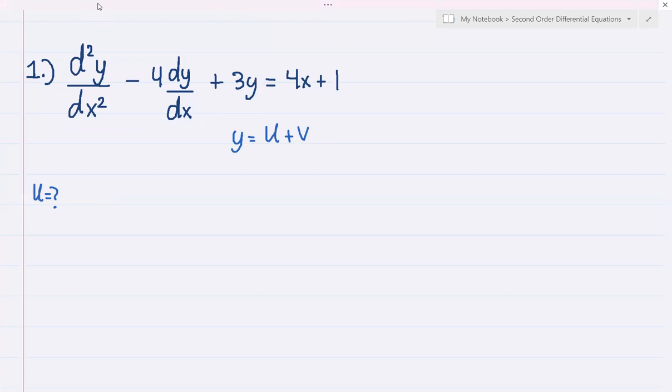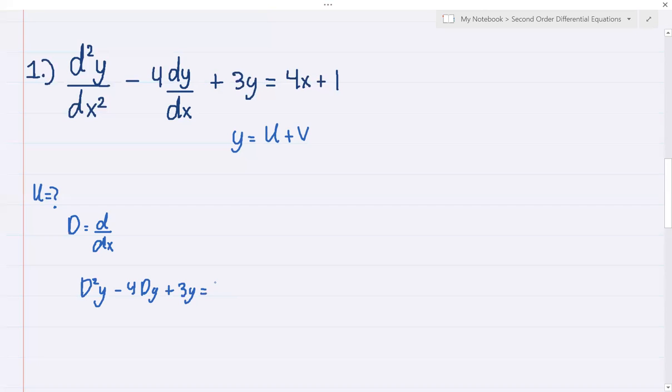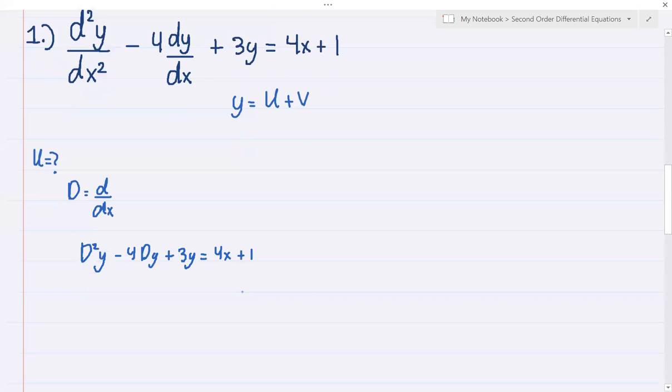So basically, substitute your d over dx as your d. So we will have d squared y minus 4dy plus 3y is equal to 4x plus 1.